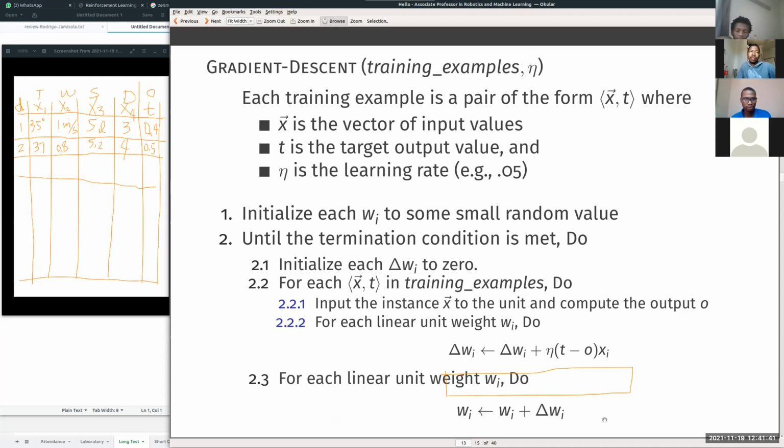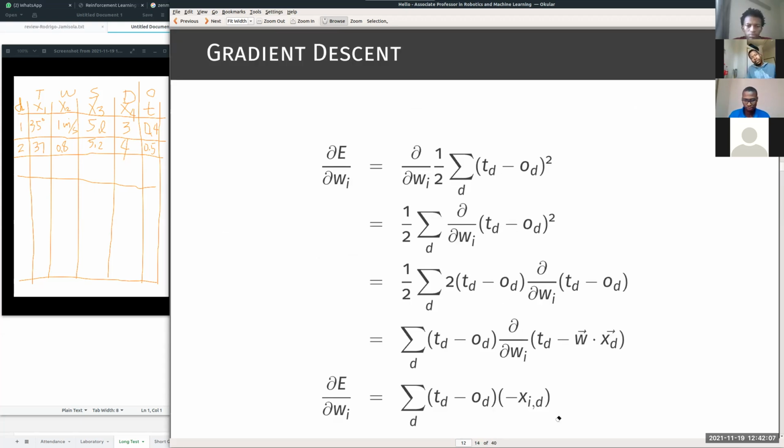Why is the summation here gone? Is this a correct equation? We used to have summation here. There's summation.